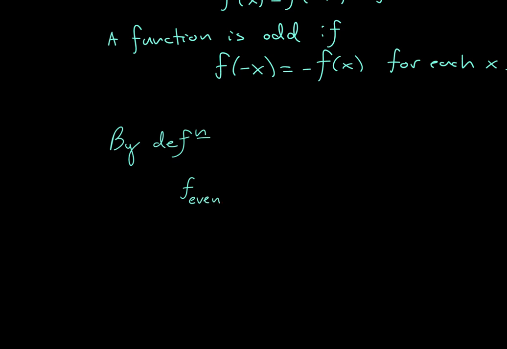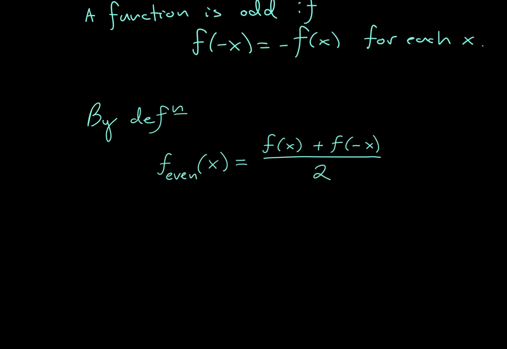The even part of a function f(x) is equal to f of x plus f of negative x, all divided by 2. Okay, so that is the even part of the function.